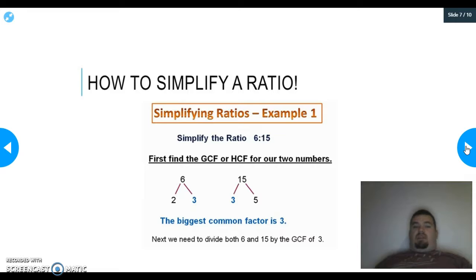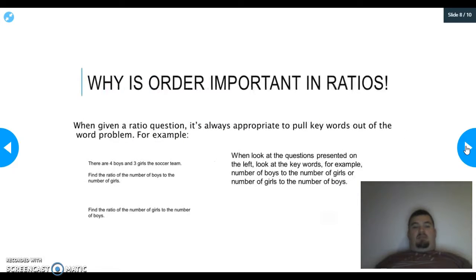First we find the greatest common factor, or highest common factor, for our 2 numbers, 6 and 15. The factors of 6 are 2 and 3, because 2 times 3 is 6, and the factors of 15 are 3 and 5, because 3 times 5 is 15. So we know the biggest common factor is 3. Next, we divide 6 and 15 by the greatest common factor of 3.